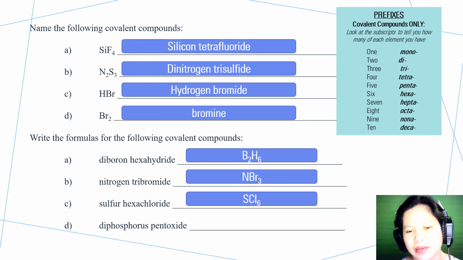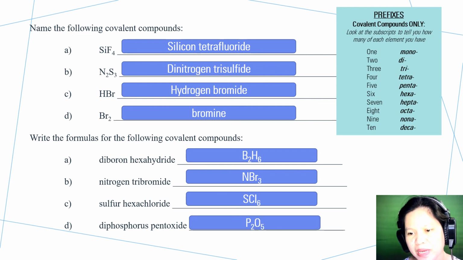So SCl6. Then letter D, diphosphorus pentaoxide. So diphosphorus P2O5. So that is how are we going to write the chemical name and the formula, or vice versa.